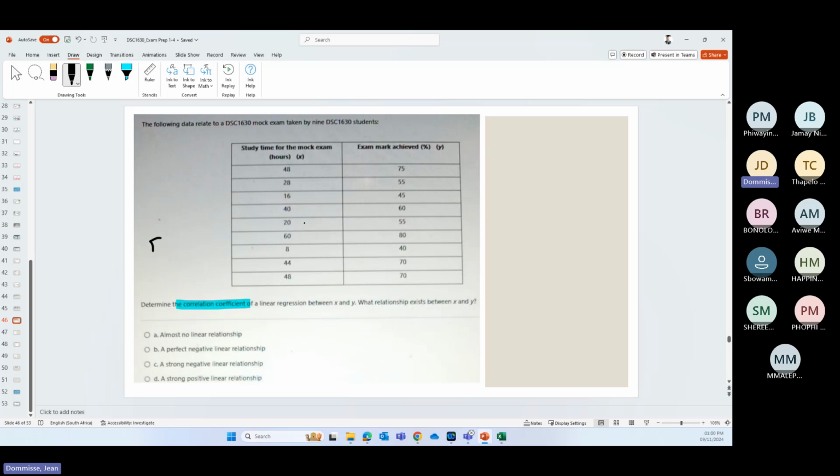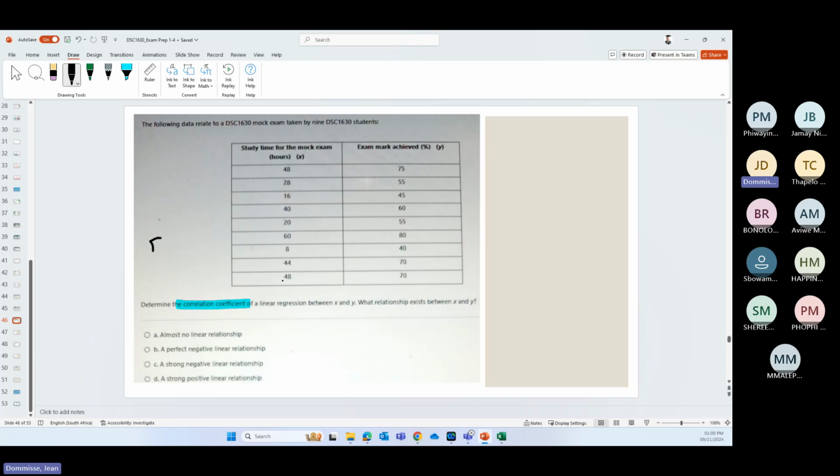So before we even go, I'm looking at some of these numbers, and okay, a value 8 gives me 40, then 16 gives me 45. The next biggest one is 28, which gives me 55. So that already tells me that as X increases, the Y increases.